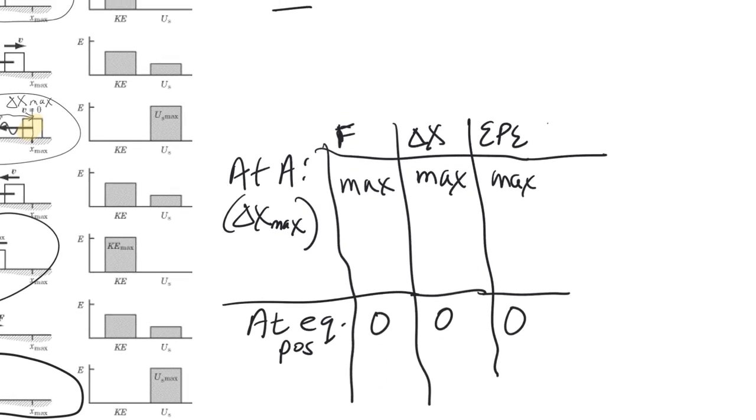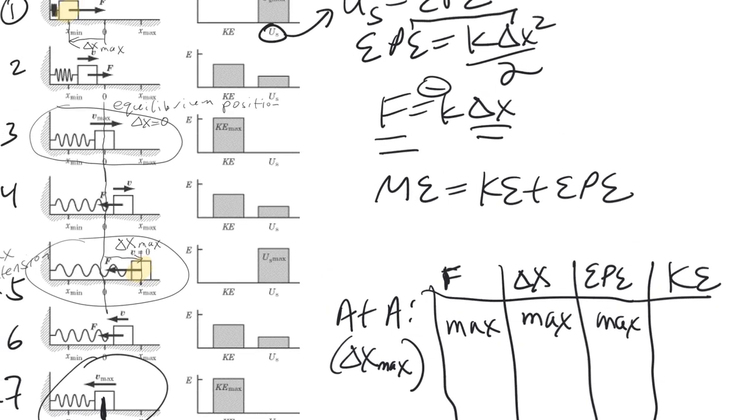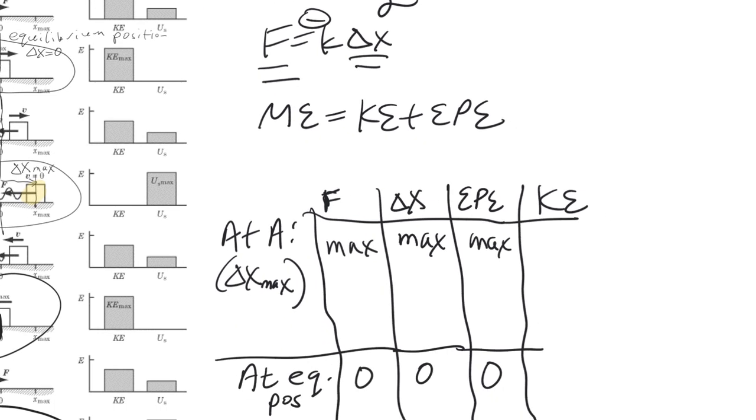And then KE, well, the total mechanical energy is the KE plus the EPE. So the total mechanical energy is all EPE at the amplitudes. So EPE is maximum at the amplitudes. But what about KE?